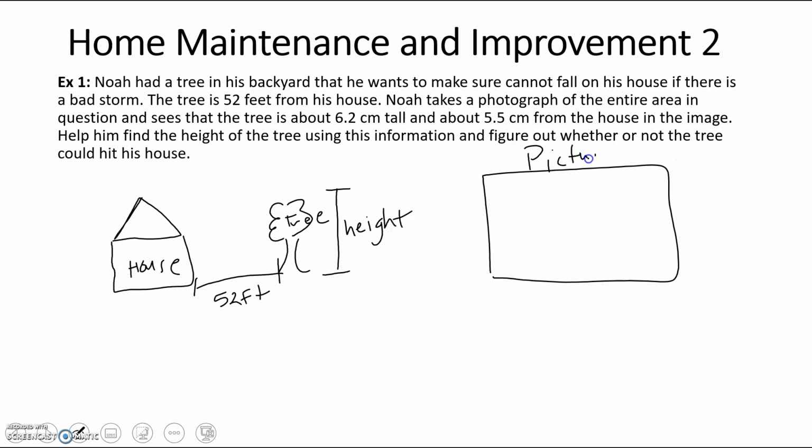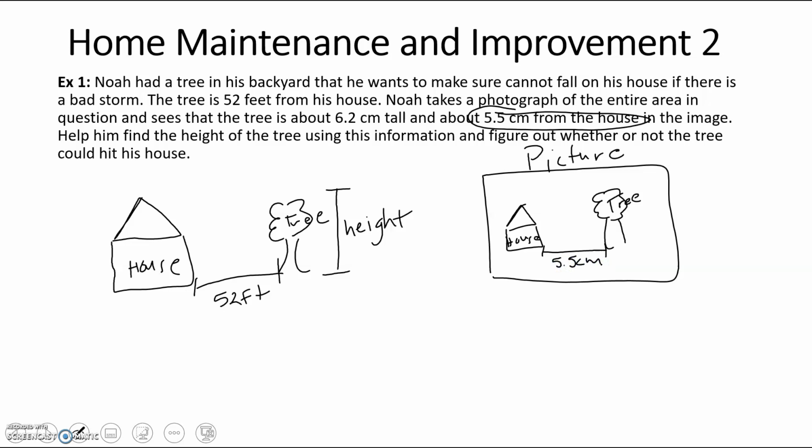And in the picture, he can see all the same stuff as in real life, right? He can see the house and the tree, and everything looks the same, just smaller. So when he takes his ruler and he measures the distance between the house and the tree, he sees that this distance is 5.5 centimeters.